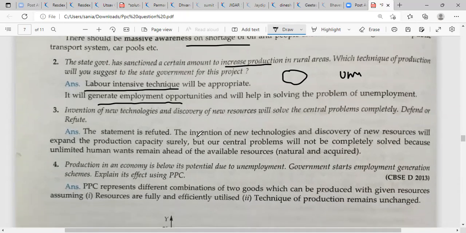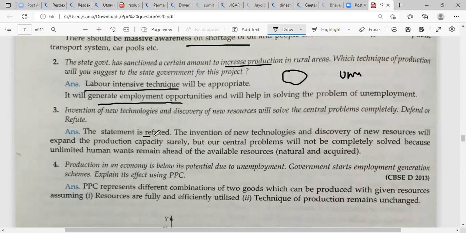Next is: invention of new technologies and discovery of new resources will solve the central problem completely. Defend or refute. So the statement is refuted. The invention of new technology and discovery of new resources will surely expand the production possibility capacity, but our central problem will not be completely solved, because unlimited human wants remain ahead of the available resources, right?